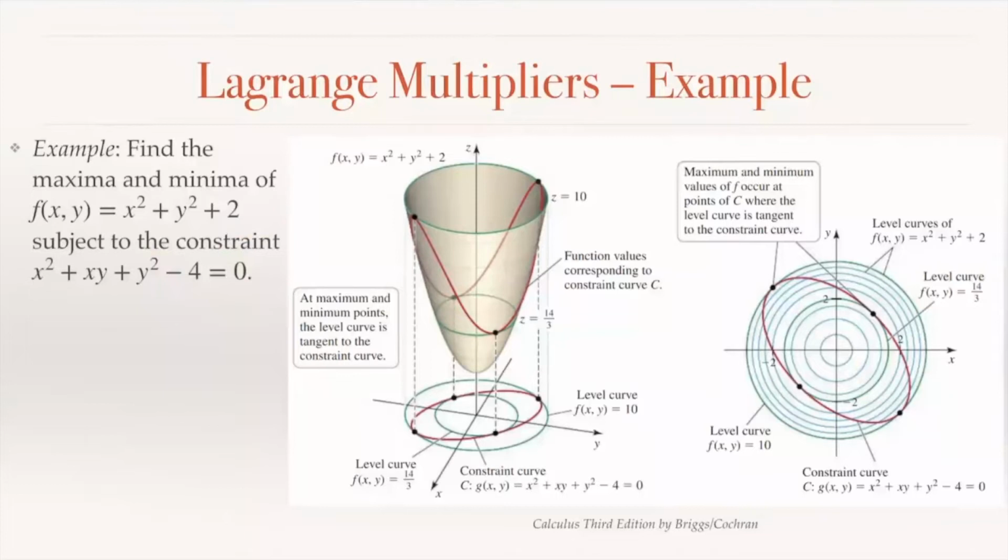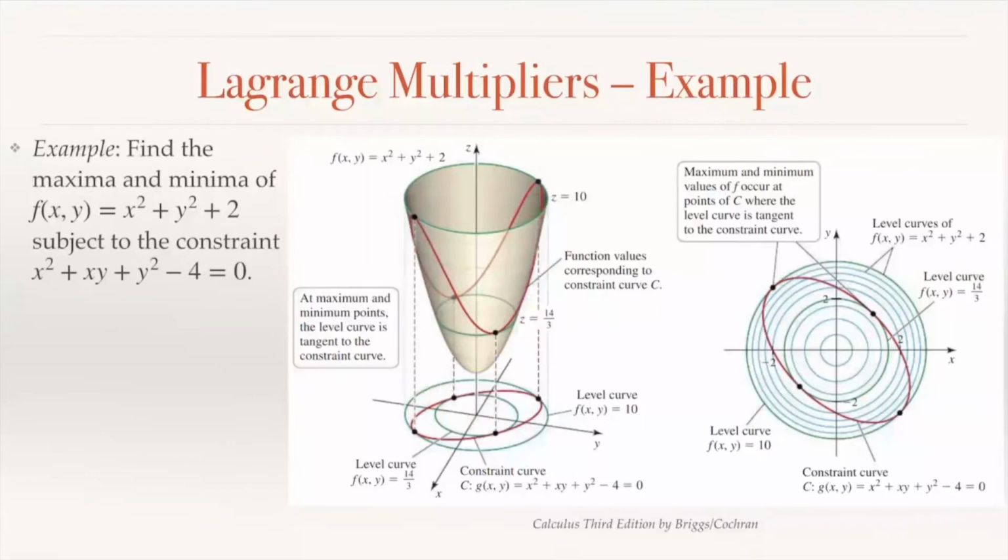And here's a picture of what's going on. So it turns out that this constraint is an ellipse whose major axis is diagonal to the x and y. And we want to minimize or maximize this paraboloid along or above this ellipse. And you can see that this would have two minima there and there and two maxima there and there. Okay, but how would we do this from scratch? Oh, and let's take a look at this picture.